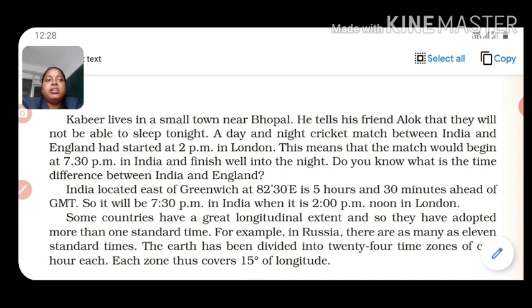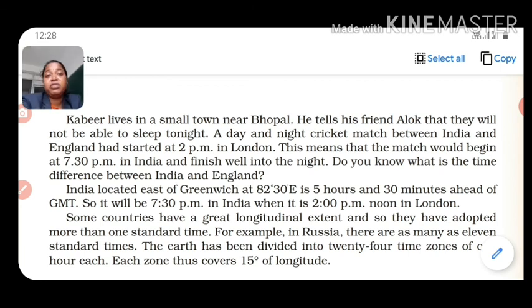This means that the match would begin at 7:30 PM in India and finish well into the night. Do you know what is the time difference between India and England? India is located to the east of Greenwich at 82 degree 30 minutes east, as we already discussed, which is 5 hours 30 minutes ahead of GMT.